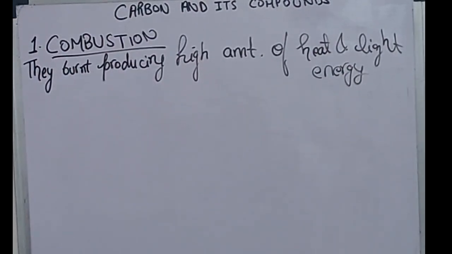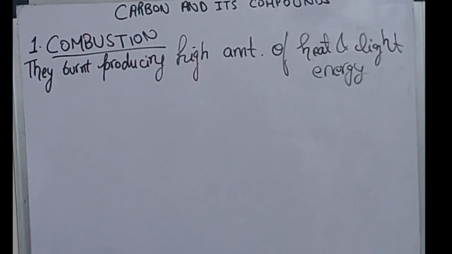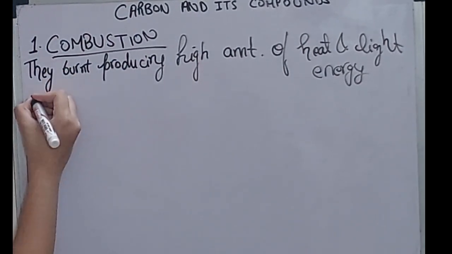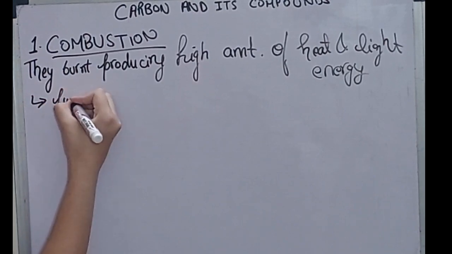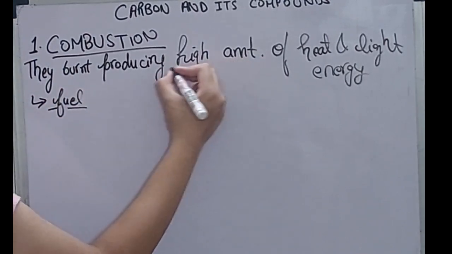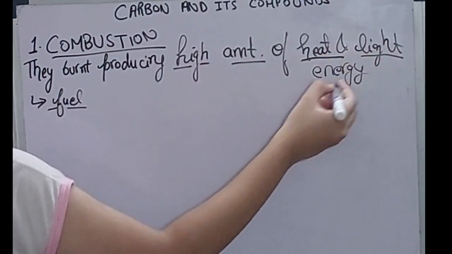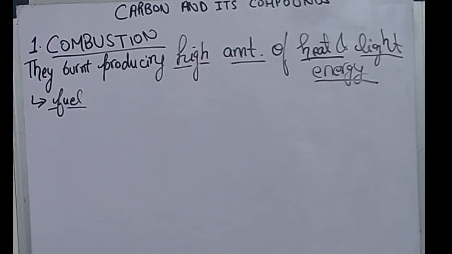So combustion is a chemical property of carbon, and that's why carbon compounds are used as a fuel, because they produce a high amount of heat and light energy.